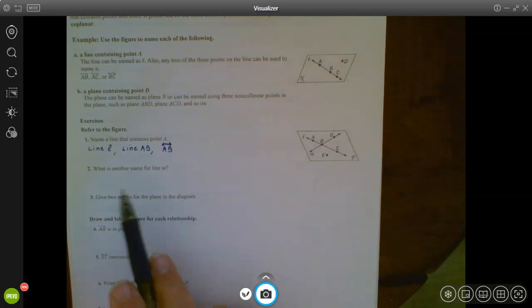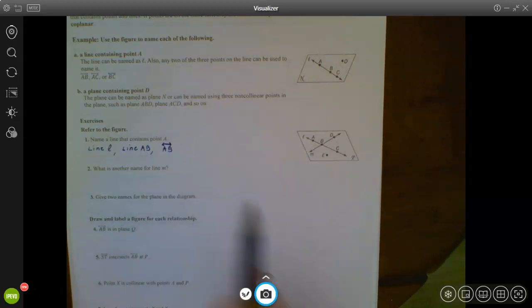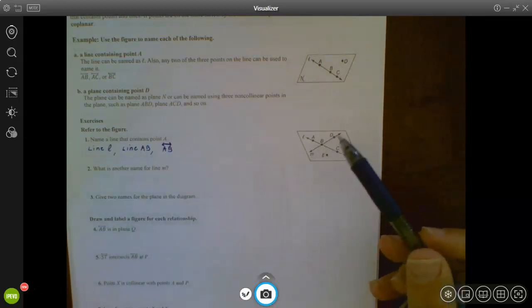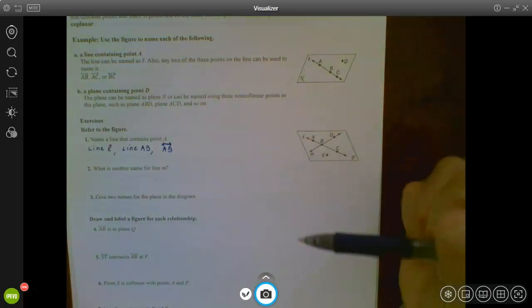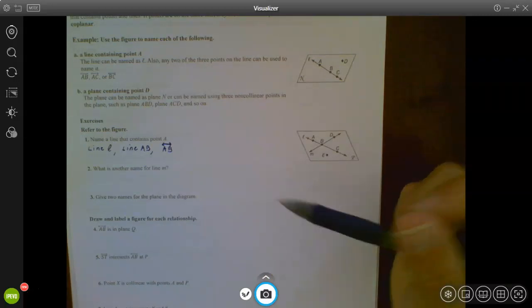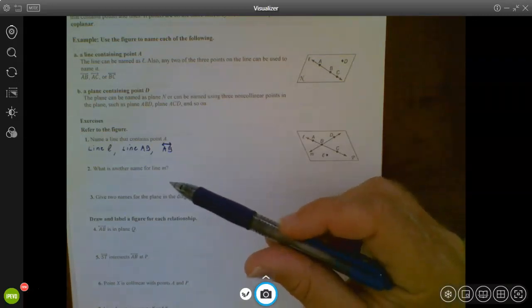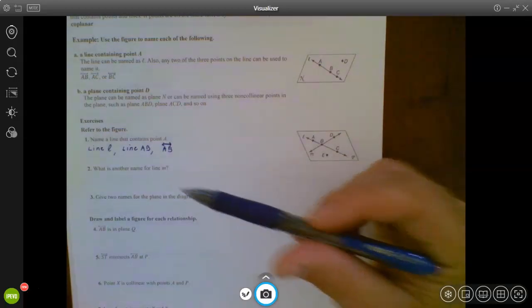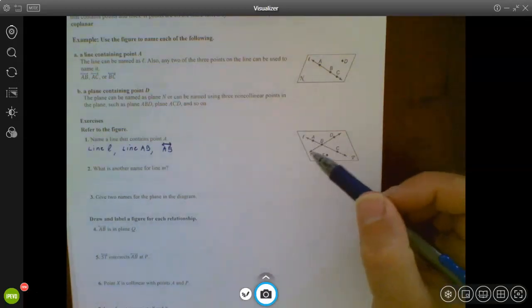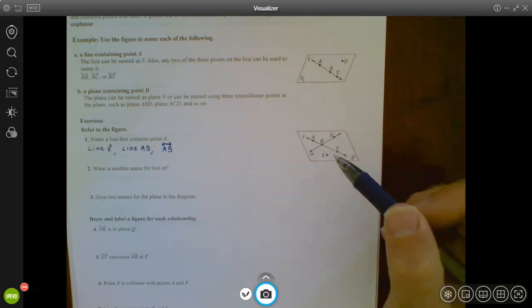So if we're going to do that as well for line M, that's the other line. So they're saying for this one, they've already used this one. They want us to use one of the other options for naming it. So this is a good point to pause the video here real quick and give it a try on your own. So for line M, again, they already used the cursive, so I need to pick 2 points on the line.